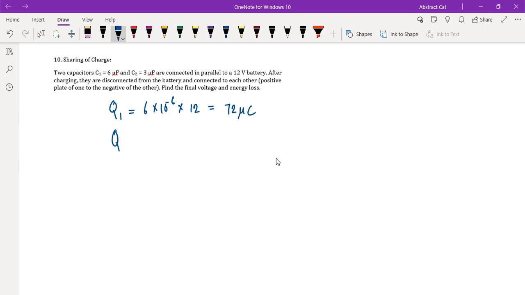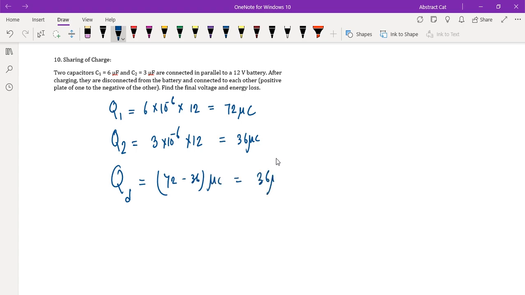And here Q2 is 3 into 10 to the power minus 6 into 12 volt, which means 36 microcoulomb. Okay. So difference of charge QD is 72 minus 36 microcoulomb, that is 36 microcoulomb.